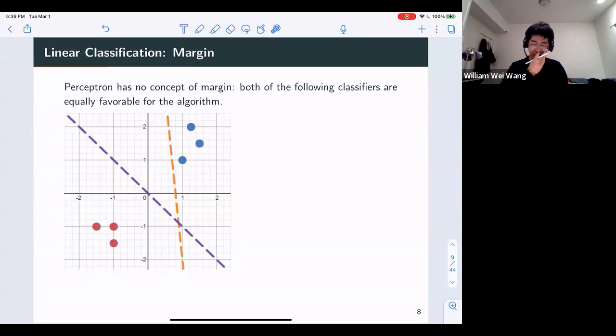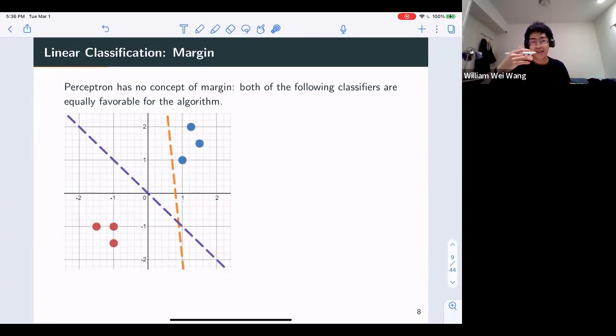So what do we mean by margin? Well, Perceptron says that if I initialize at this purple line or at this orange line, because no data point is misclassified, I'm not going to update.